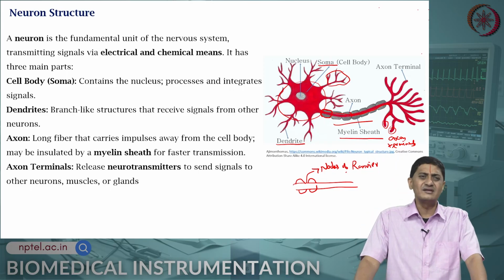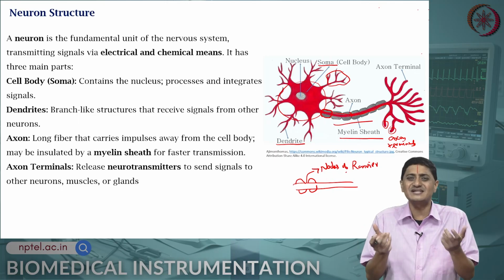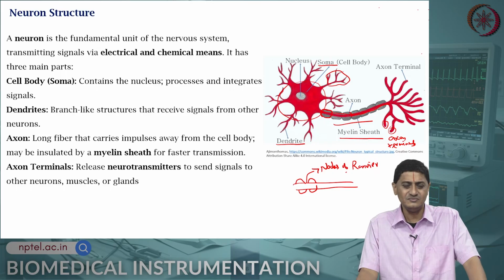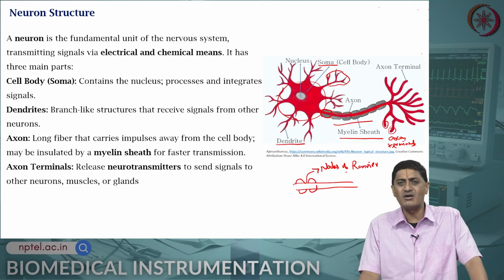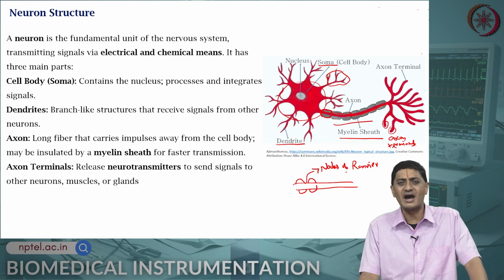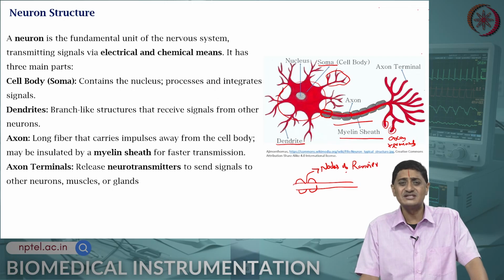So, this cell body contains the soma and essentially acts as an information integration place, the space where information is getting integrated. Then you have dendrites, that are branches that receive information from other neurons. Then axons are long cables or long fibers that carry information away from the cell body or soma, and those are insulated by linings of myelin sheath that enable faster transmission.